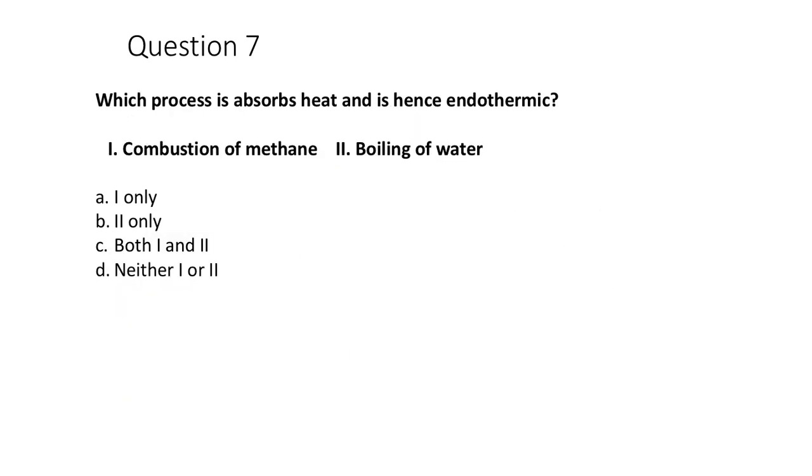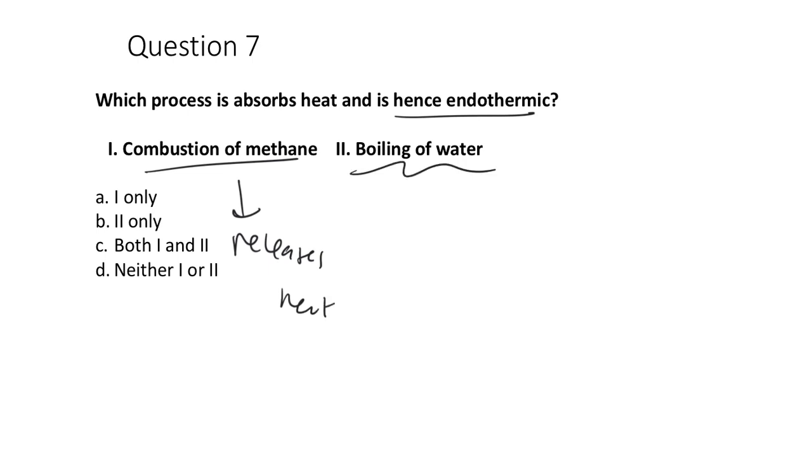Which process below absorbs heat and is endothermic? The combustion of natural gases, this releases heat. You can see the flame when those reactions take place, so this releases heat. The boiling of water: liquid water, in order to vaporize, has to absorb heat. So this is an endothermic process.